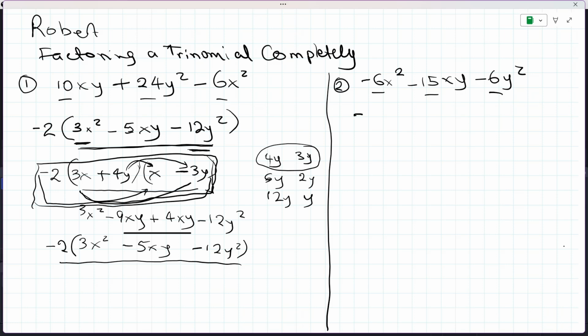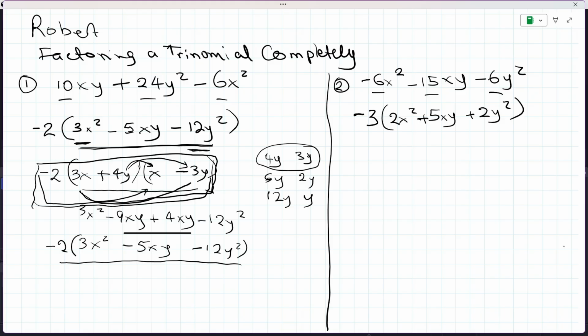But because we have negatives in there, let's bring out the minus 3. This will leave us with 2x squared, plus 5xy, and plus 2y squared.